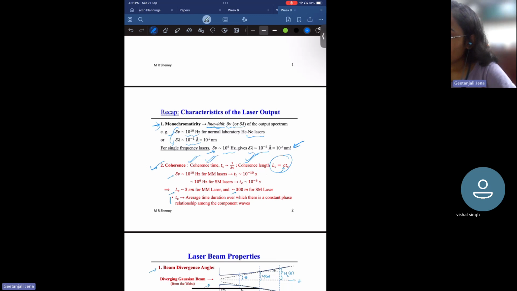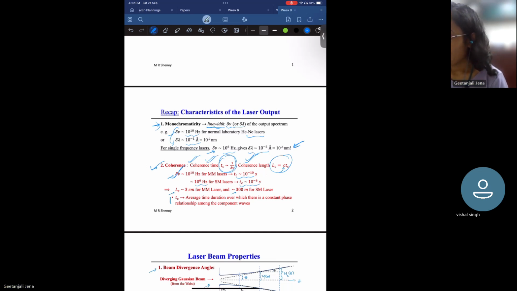For a multimode laser, delta nu is around 10 to the 10 hertz, so T_C is 10 to the minus 10 seconds. And for a single mode laser, delta nu is in the order of 10 to the 6 hertz, so T_C will be 10 to the minus 6 seconds.